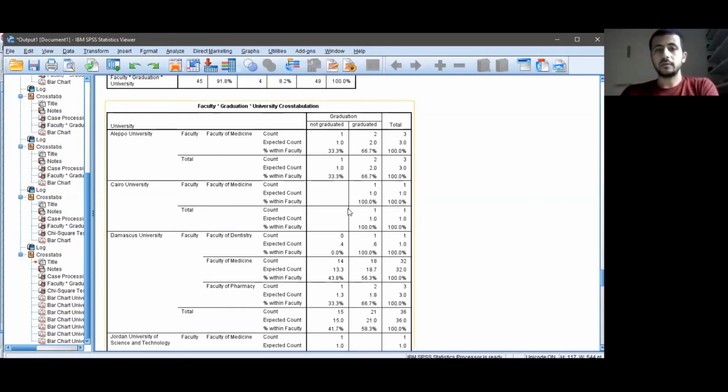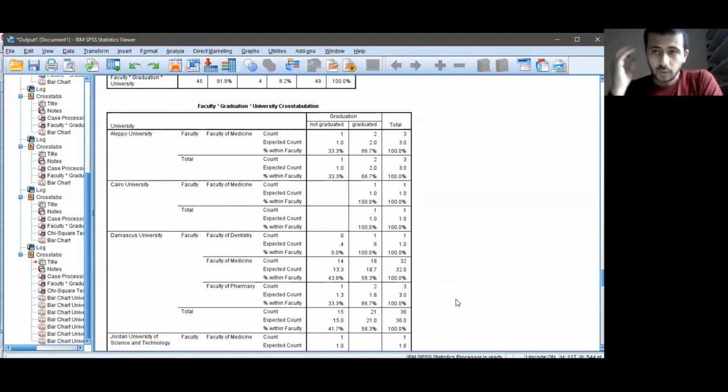Okay, for here, what can you see? Actually, they divided the faculty for different faculties, okay, according to Aleppo. So, for Aleppo University, do we have a difference, an effect for faculty on graduation? Okay, then for Cairo University, do we have any effect of the faculty on graduation? Then, and so on.